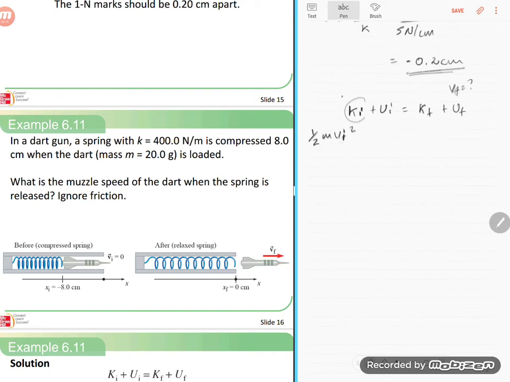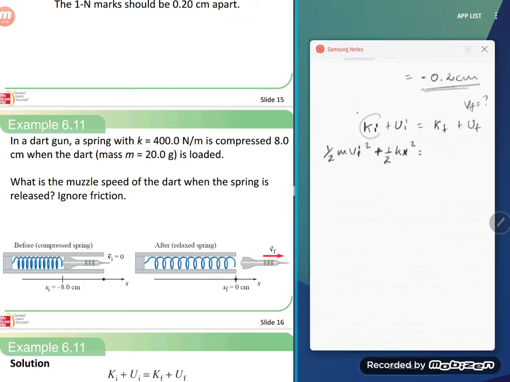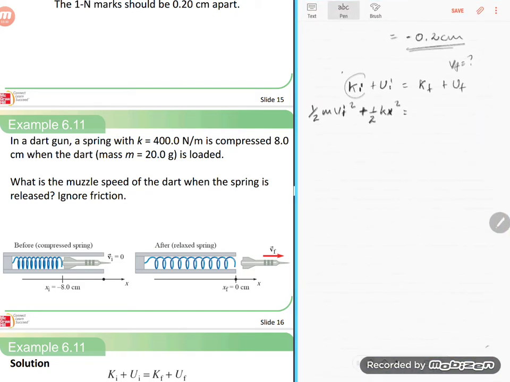So half m v initial square plus Ui, the elastic potential energy before the dart goes, which is half k x square, the first extension, is equal to Kf, the kinetic energy final. So half m v final square plus for the U we have half k x square.